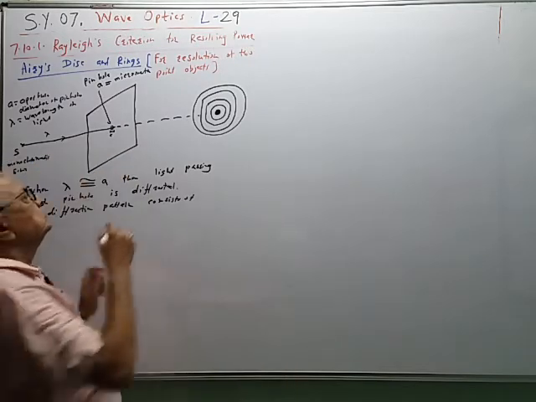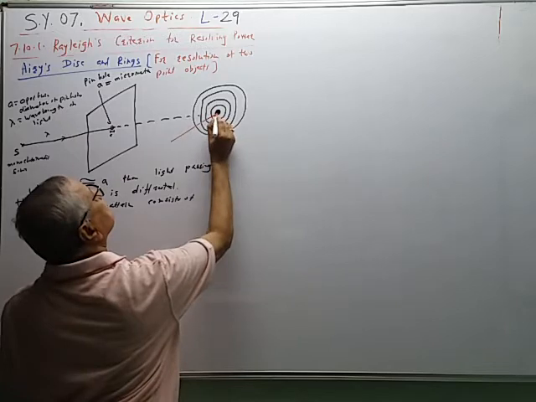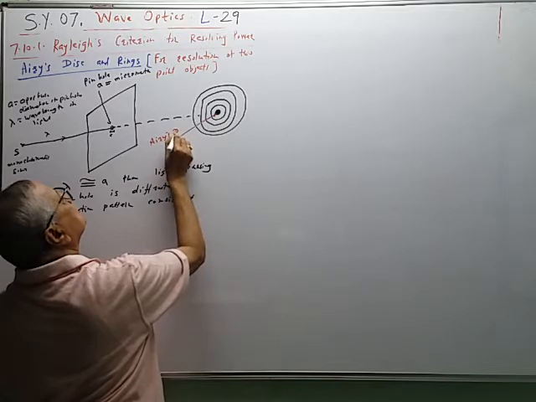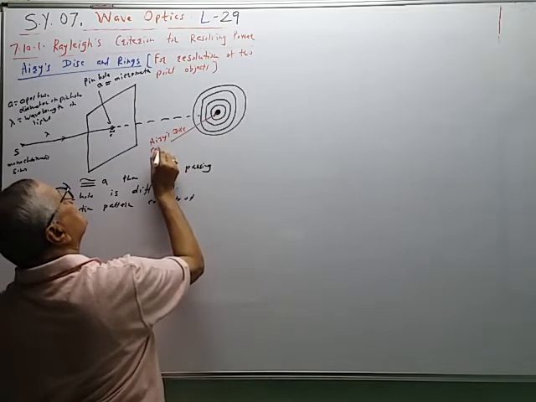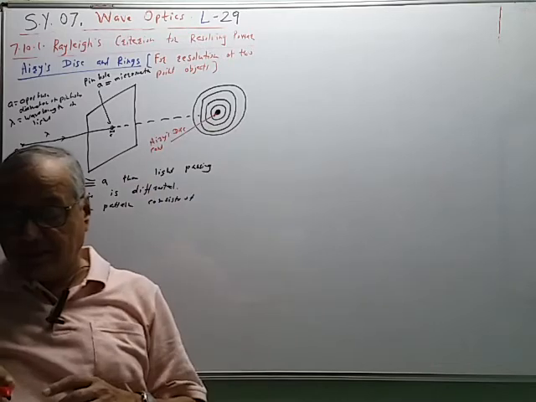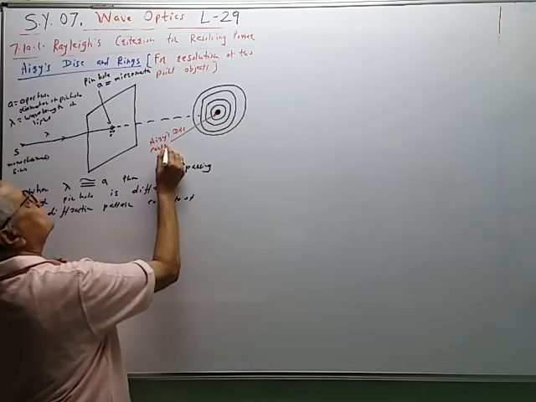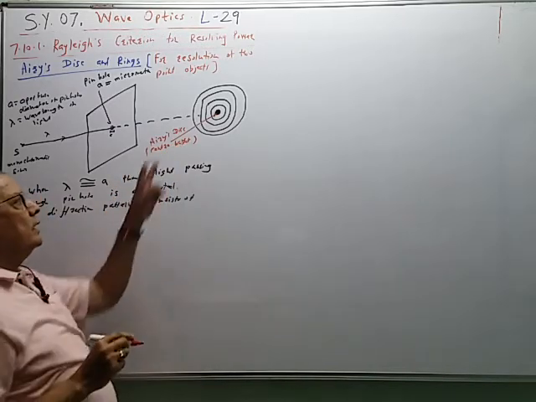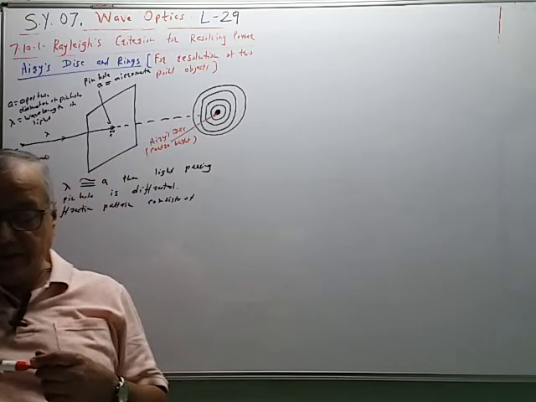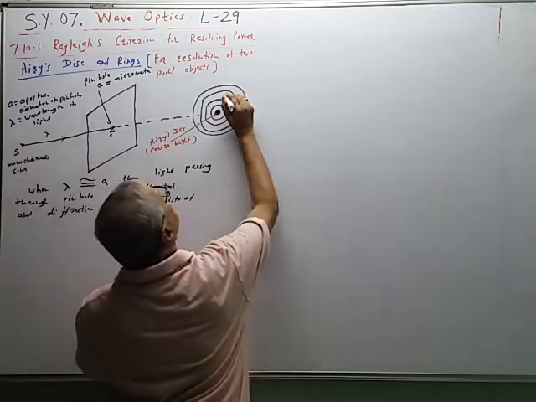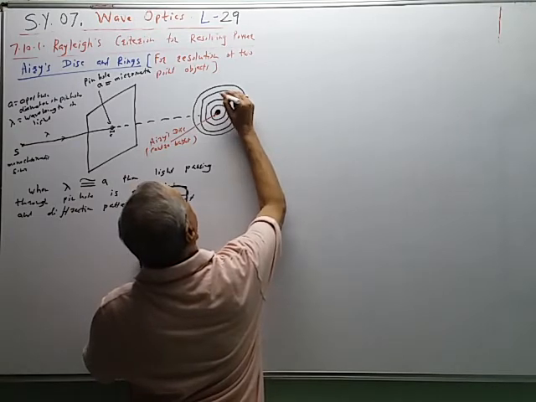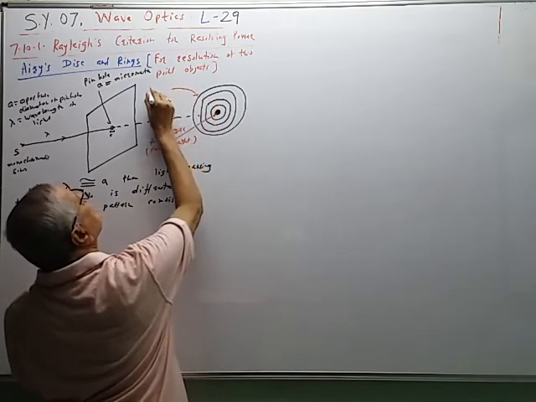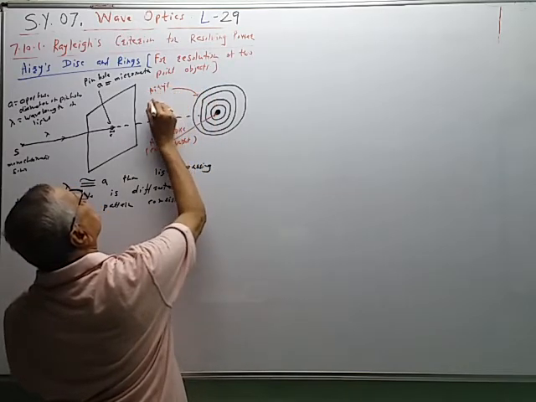This is the Airy disk, the central bright disk. And these are the Airy rings.